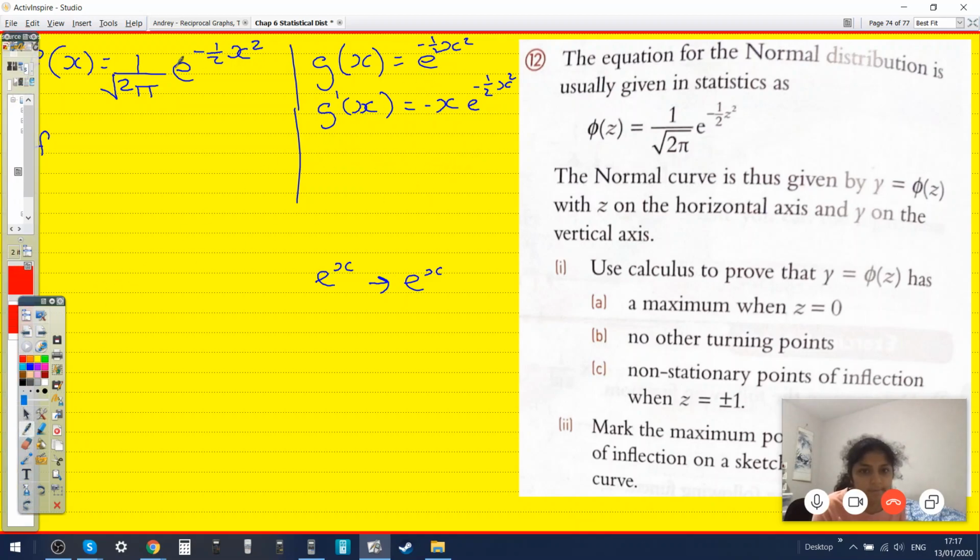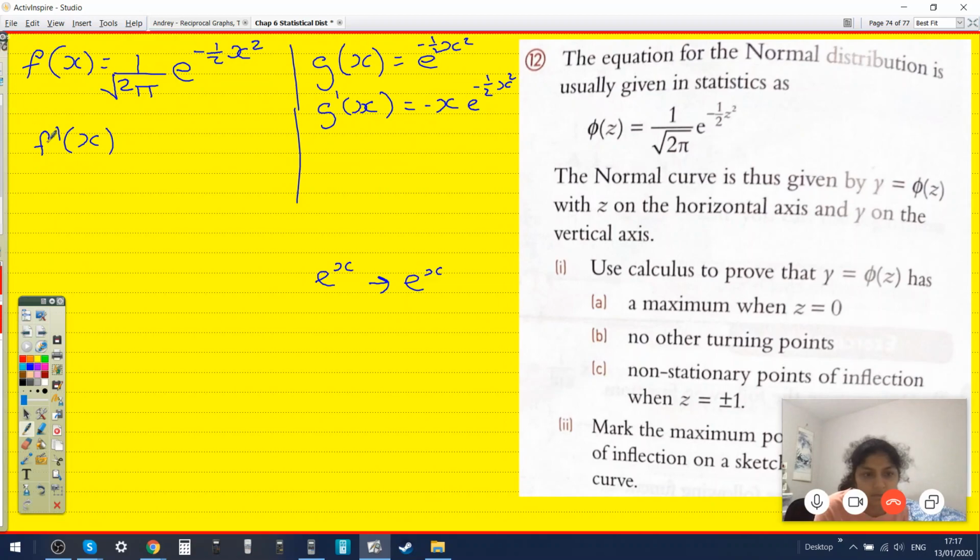Okay, and so what is the derivative of the f of x? So it would be minus x over root 2 pi e to the minus half x squared.